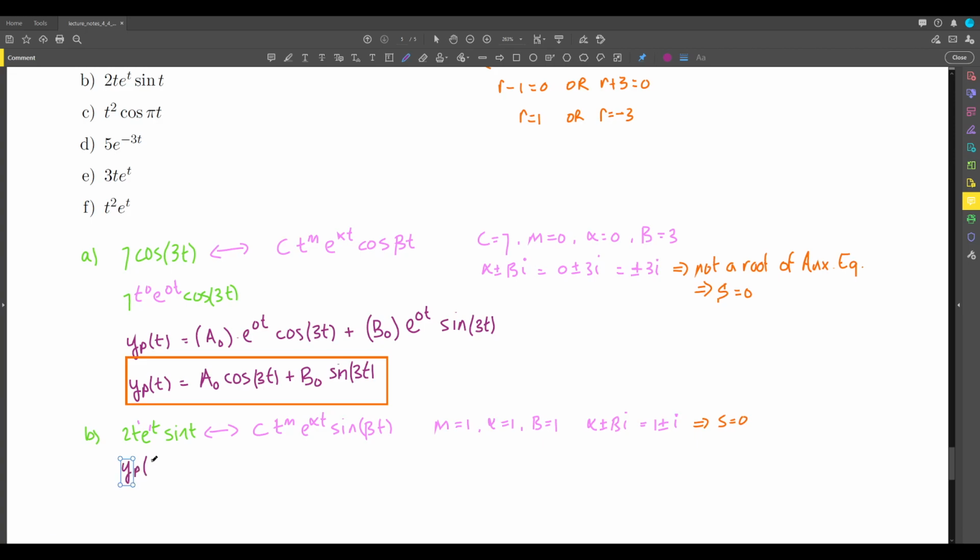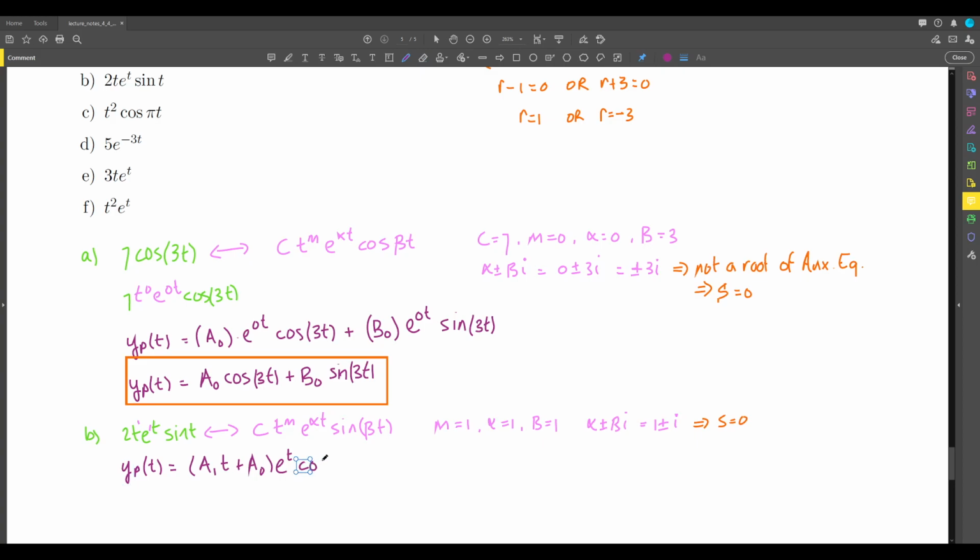Yp of t equals, we have to have a polynomial of degree 1. So that looks like a1 t to the power 1 plus a naught. Then e to the power alpha t, which is just e to the power t. And then we have, well, we can start with sine or cosine, but let me start with cosine.